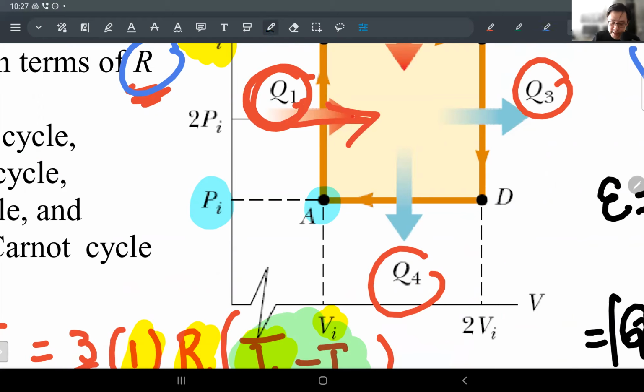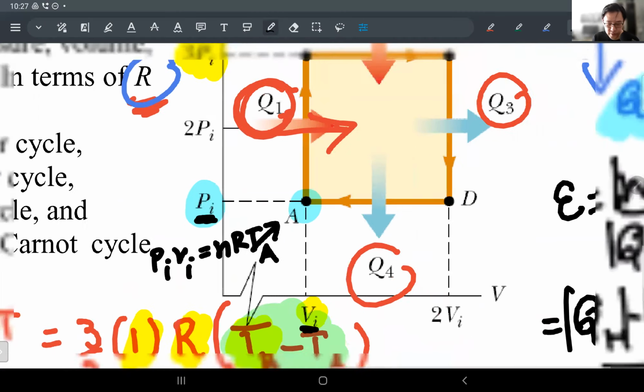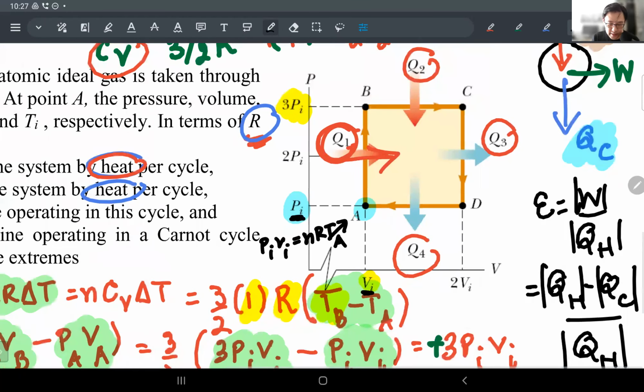Look at this, guys. At point A, the pressure is P sub i and the volume is V sub i. From the equation of state, P_i V_i must be equal to nRT at A, and that's supposed to be T sub i.